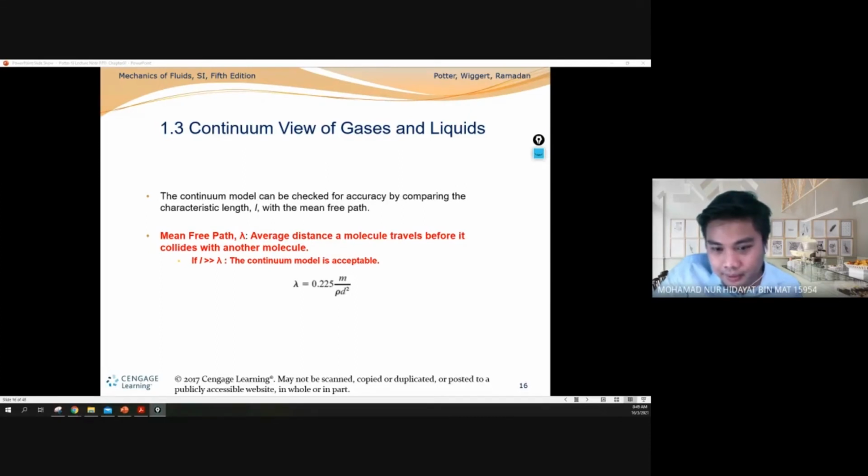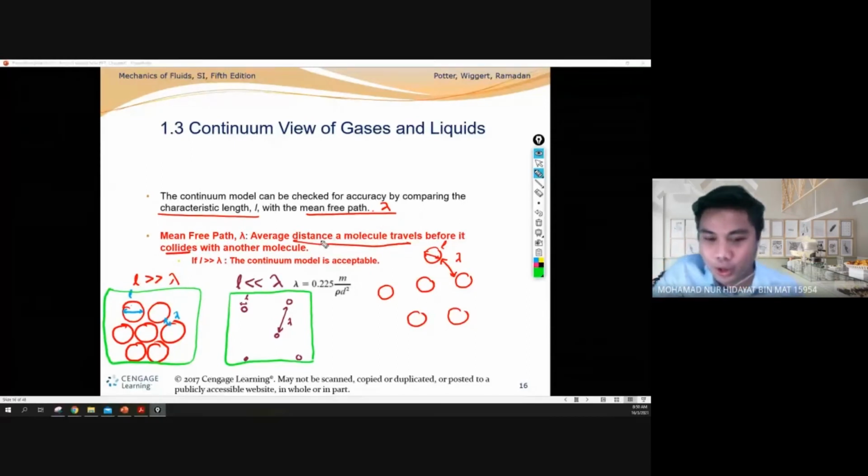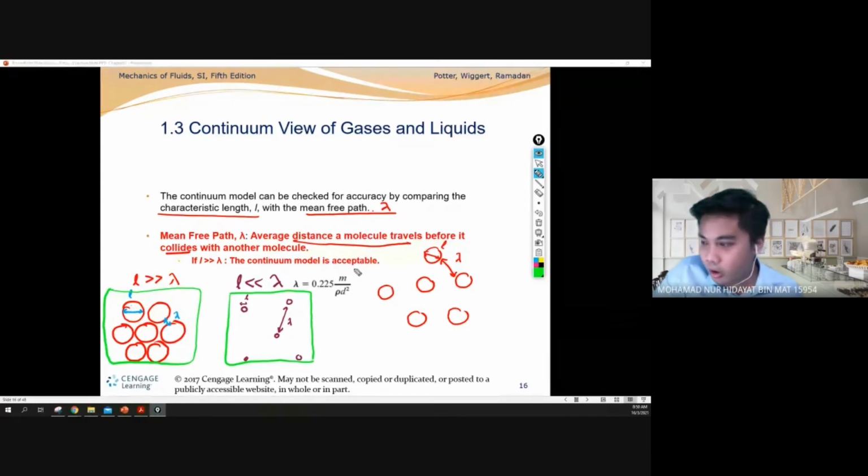Okay. This is the equation. Ibrahim does not understand. Okay, Ibrahim, which part do you not understand? This one or the equation?